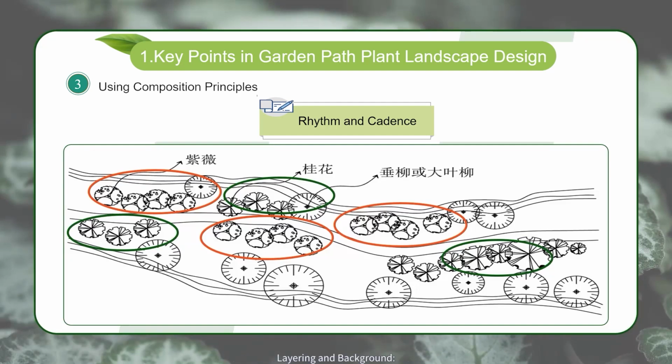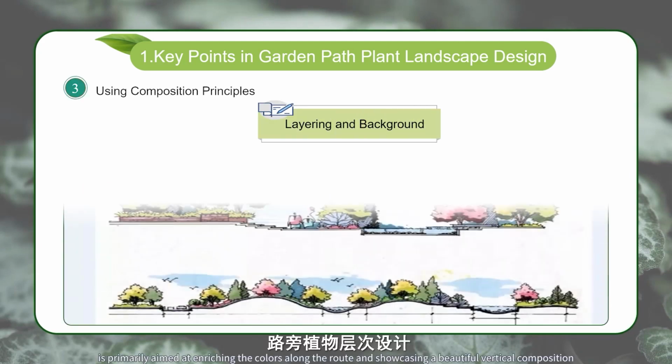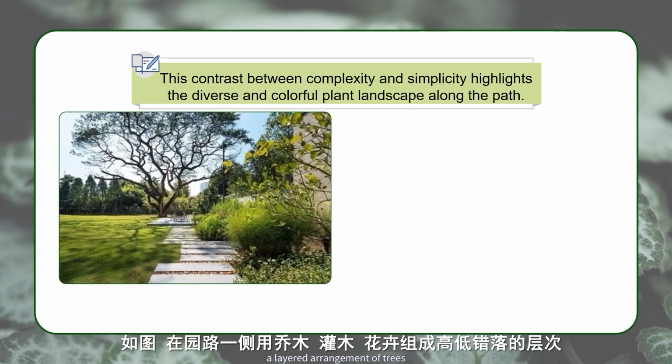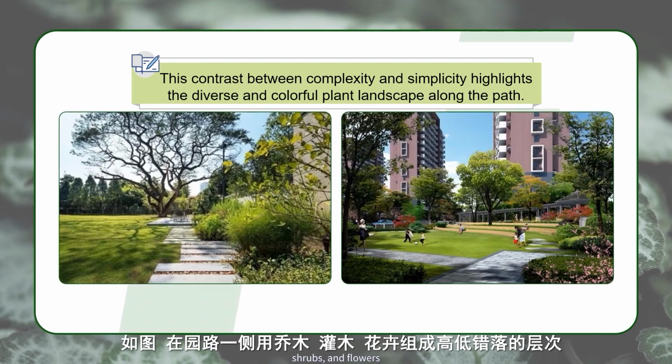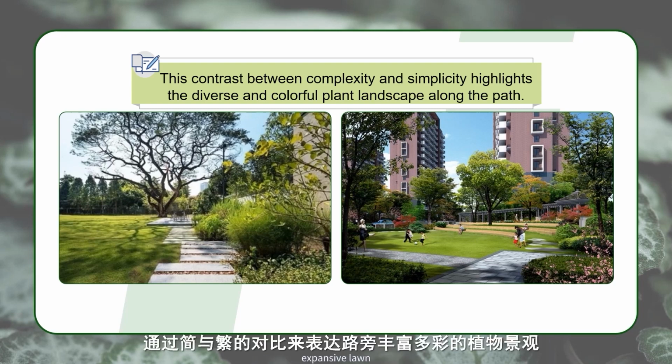Layering and background. The layering of plants along the path is primarily aimed at enriching the colors along the route and showcasing a beautiful vertical composition. For example, on one side of the pathway, a layered arrangement of trees, shrubs, and flowers creates a varied height profile, while the other side features a simple, expansive lawn.